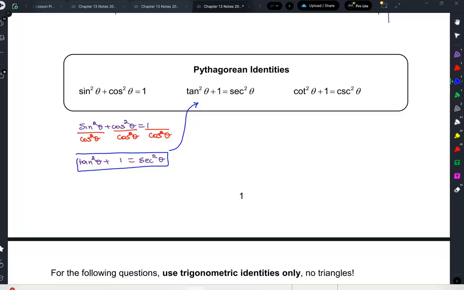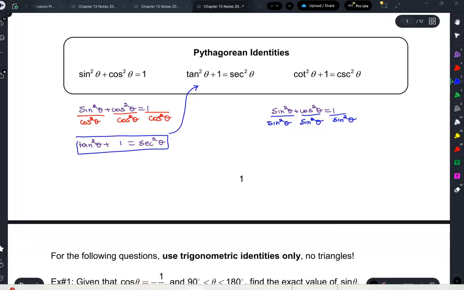Okay? So now, suppose I take sine squared theta plus cosine squared theta equals 1. Let's divide by sine squared this time, just because we can, right? Okay.